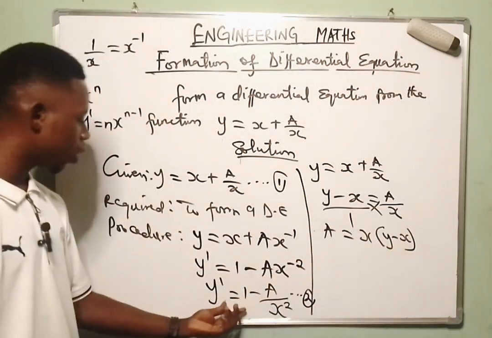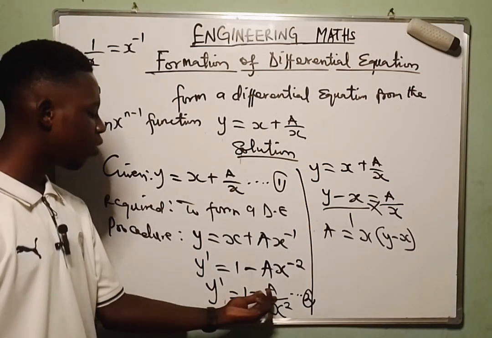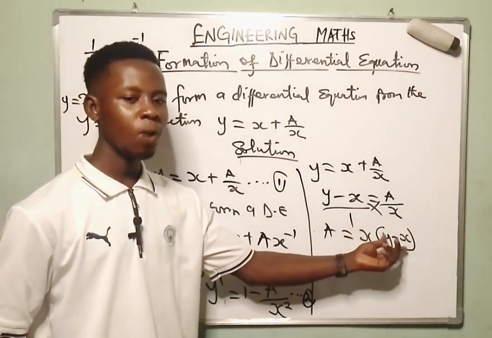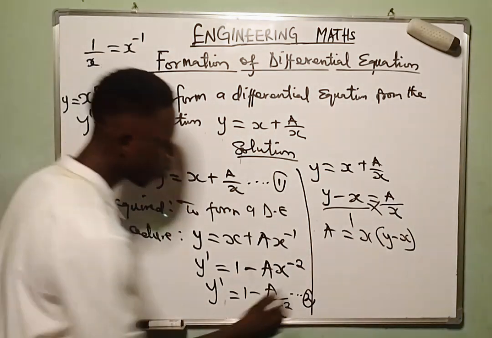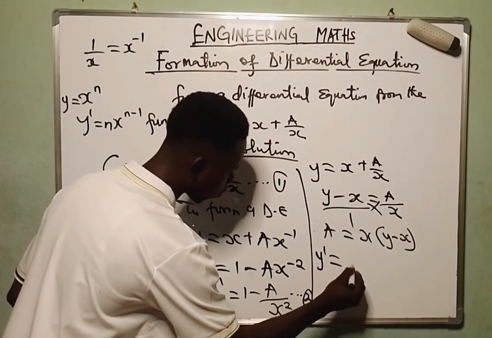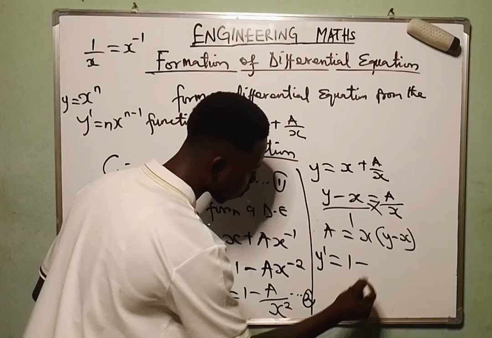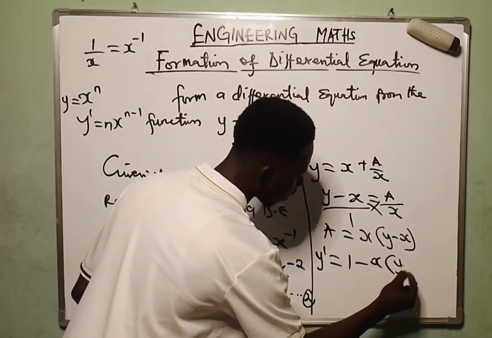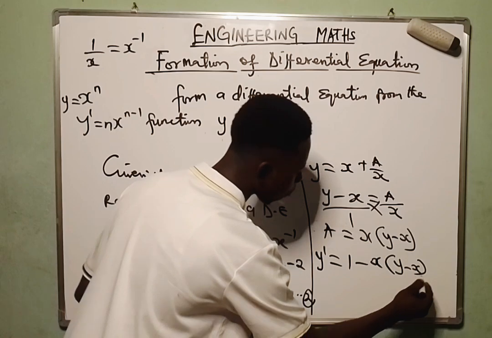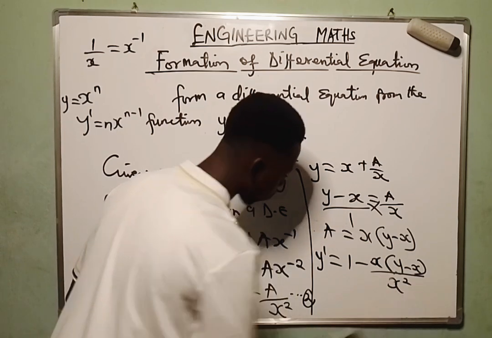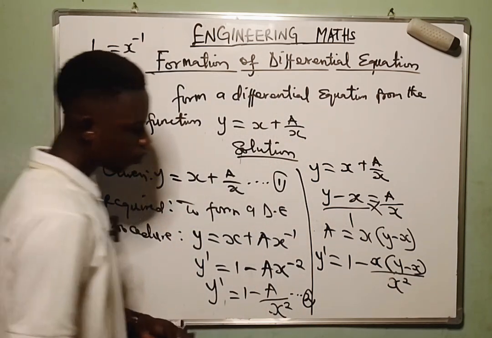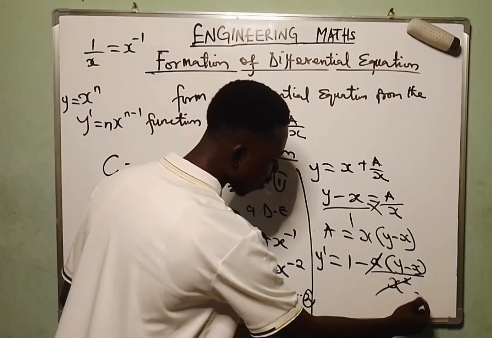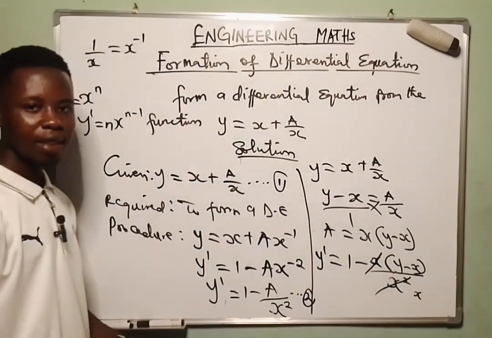Now come down to equation 2 and substitute for the value of a as x into bracket y minus x. So when you come down here, you have y prime equal to 1 minus x into bracket y minus x over x squared. Now you have x here and x squared; let it cancel and we still have another x left down there.